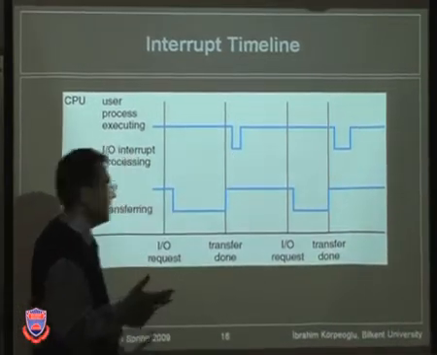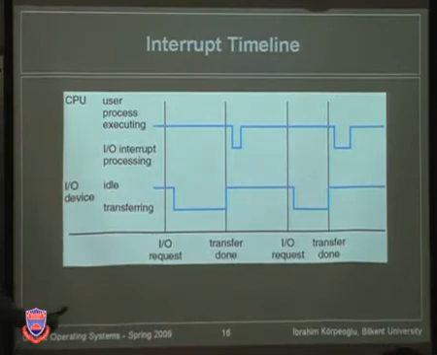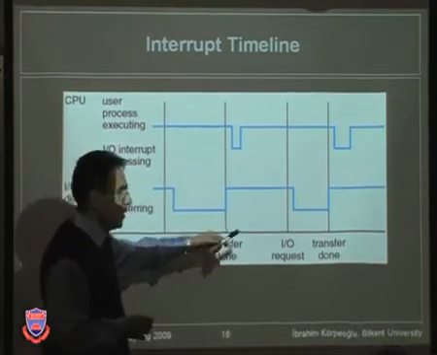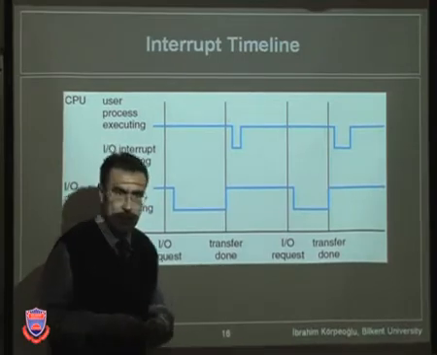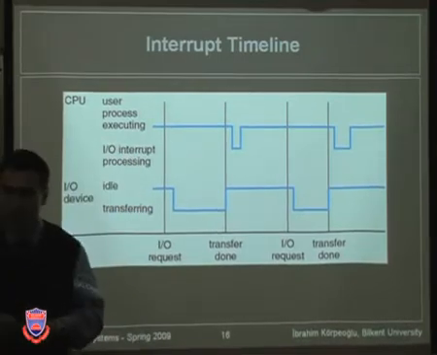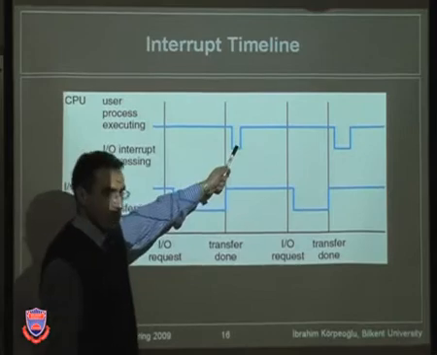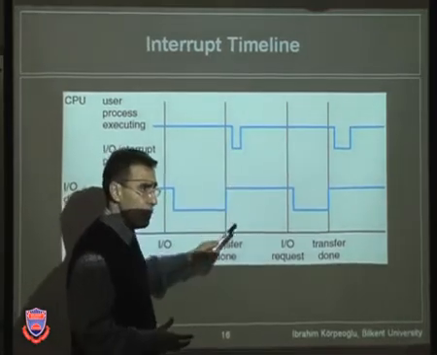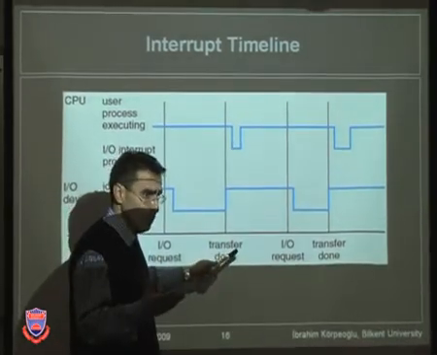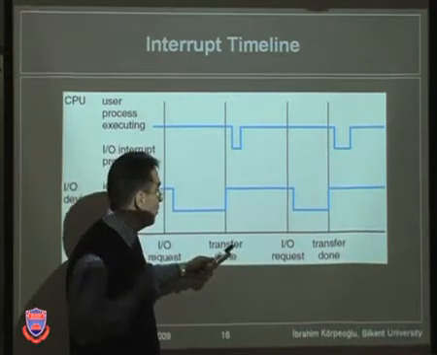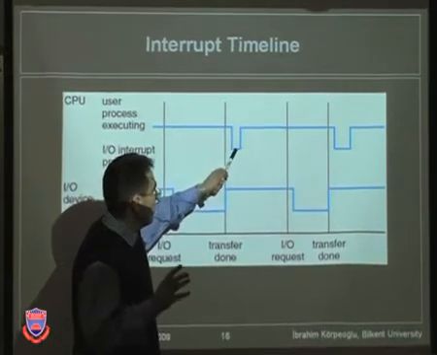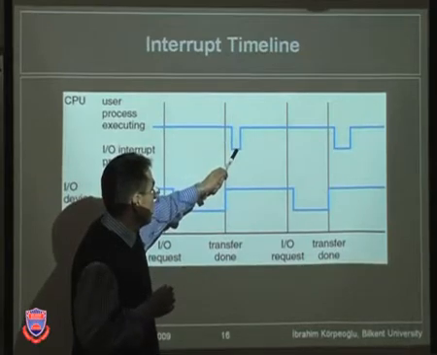Handling that interrupt may mean, for example, copying the data from the device controller to the memory, or initiating that copy operation with DMA. That may be done by the interrupt handler.